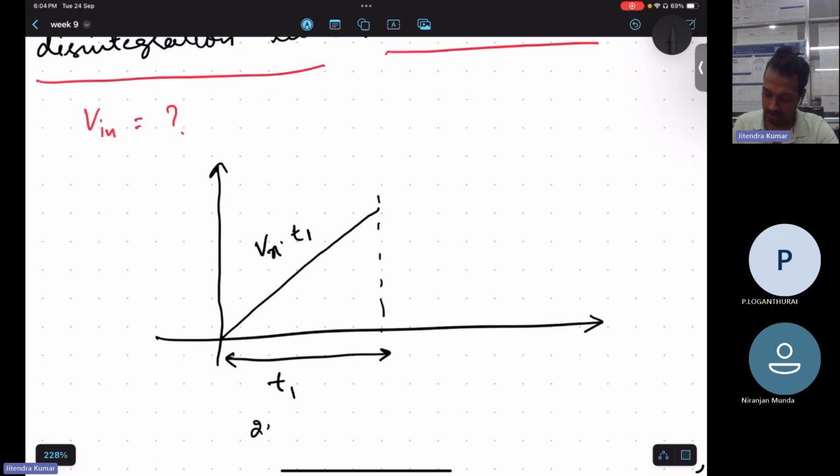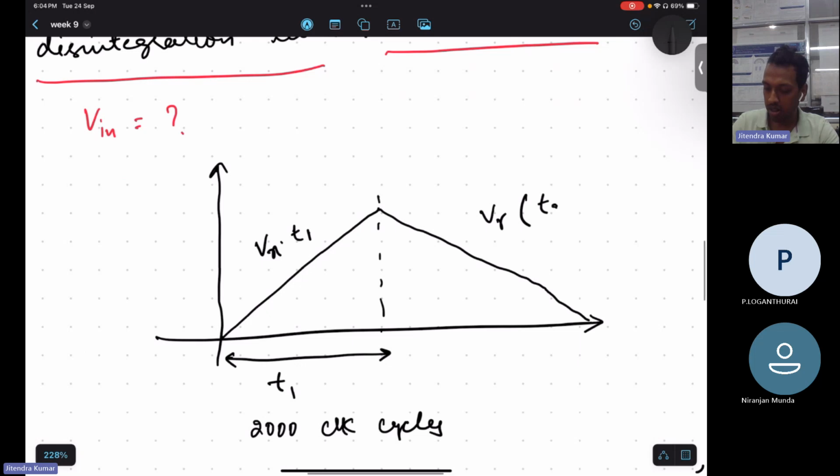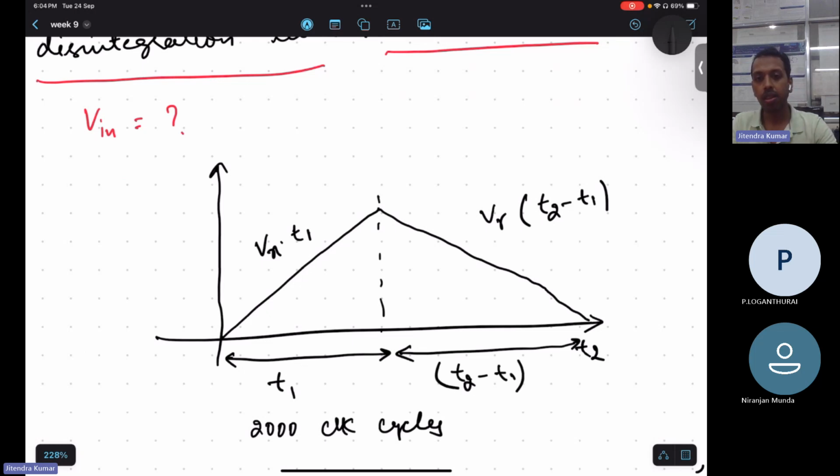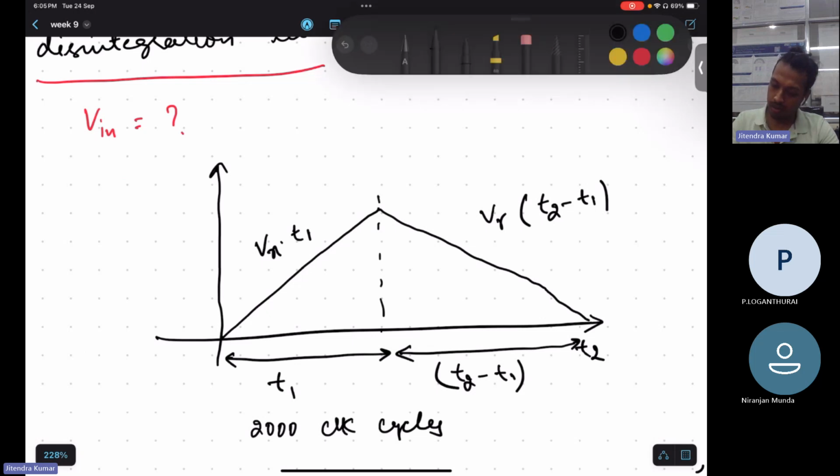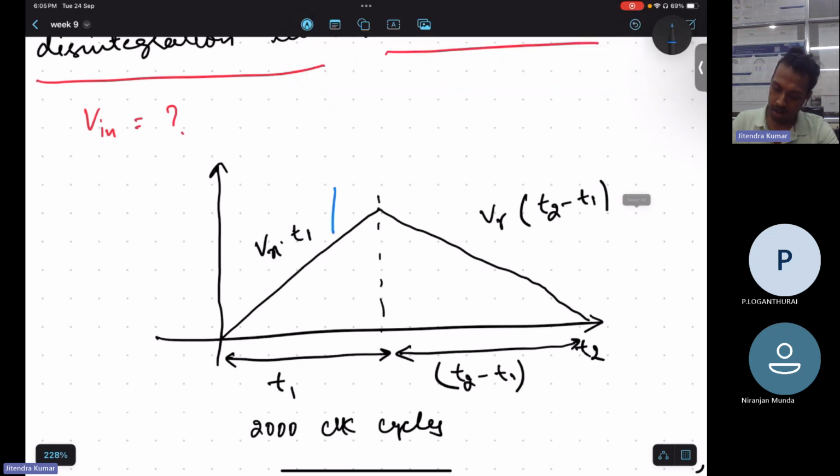And the disintegration time is T2 minus T1, because this time will be T2. So this whole time will be T2 minus T1. Here it is the integration. This is the disintegration.